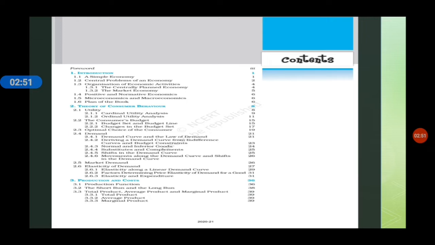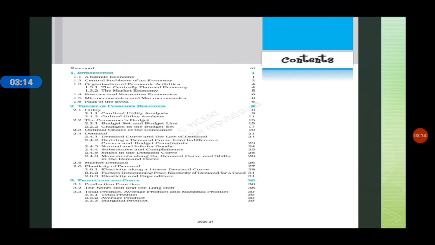The second approach is ordinal utility analysis, developed by R.J.D. Allen and J.R. Hicks. Here Allen and Hicks said that we can compare the utility. So this is all we study in the utility concept.